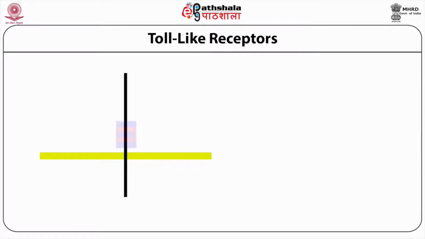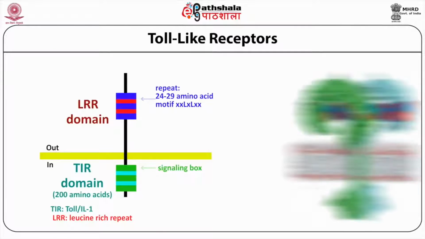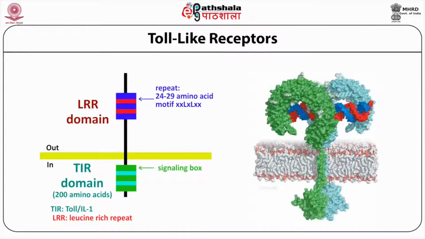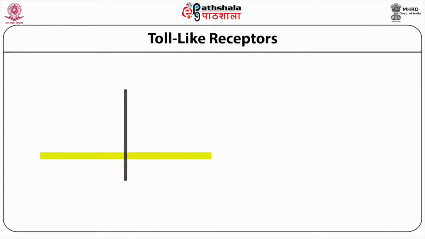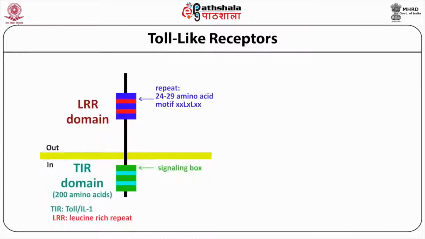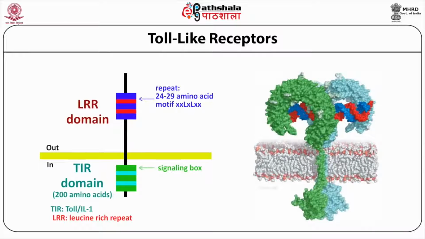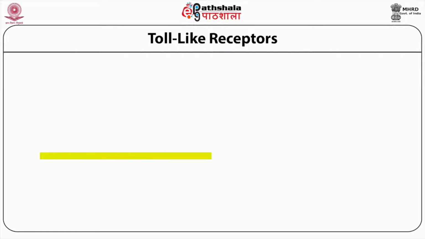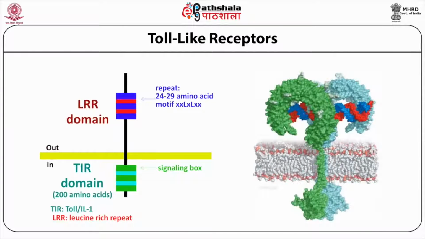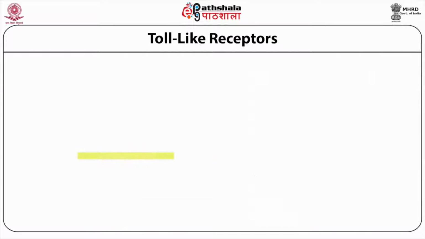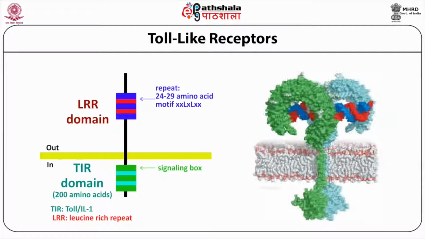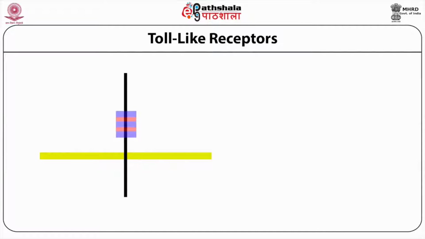Toll-like receptors are among the ancient receptors from the evolutionary perspective. That means as life evolved in early days, when the immune system was developing, toll-like receptors were among the early molecules which evolved in that era.